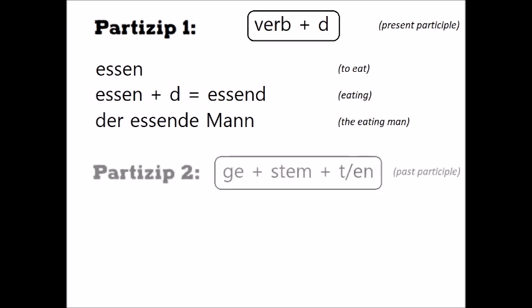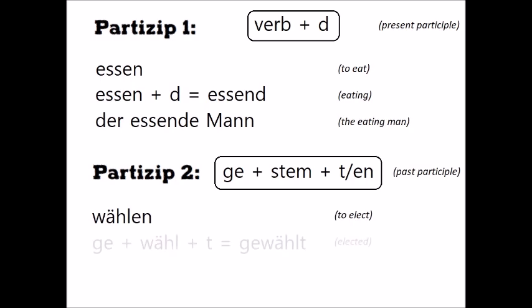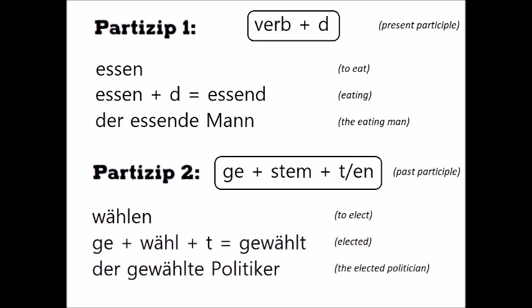To construct the past participle, Partizip 2, you use ge plus the verb stem plus t for weak verbs and n for strong verbs. For example, wählen, to elect, gewählt, elected, der gewählte Politiker, the elected politician.